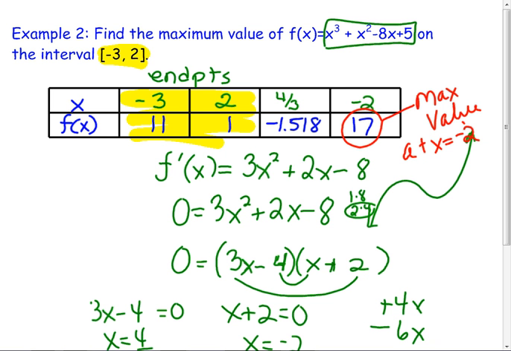Girls, listen up. You have to read the question. You can't just say negative 2, comma 17. You have to say the maximum value is 17. Or if they're asking where, you have to say it occurs at x equals negative 2. So to be safe, say the maximum value is 17 and occurs at x equals negative 2. You just cover your bases if you're not sure what the question is. It should be clear.